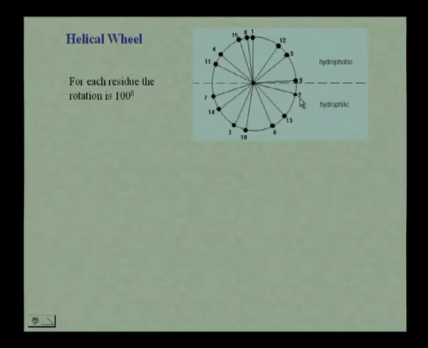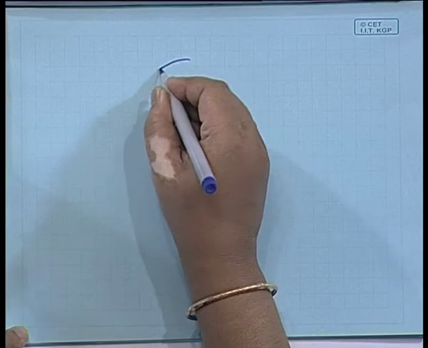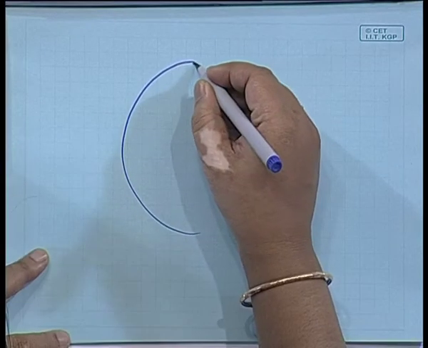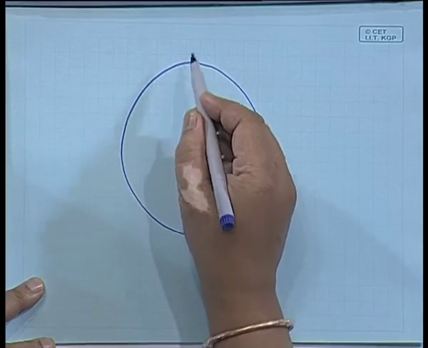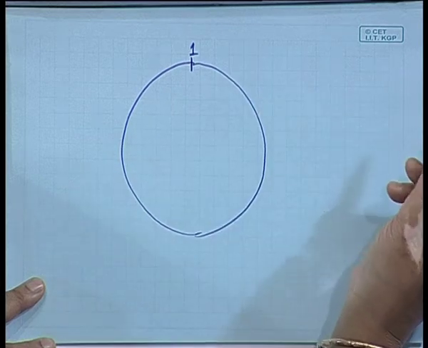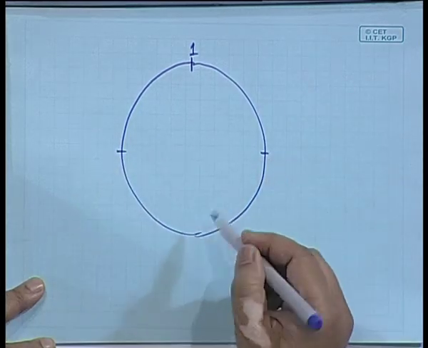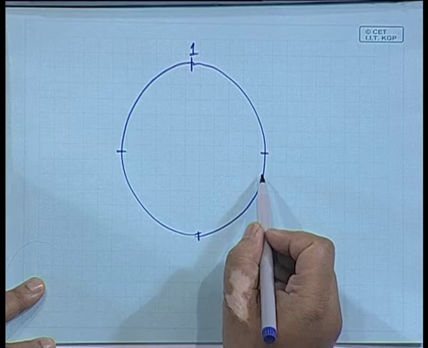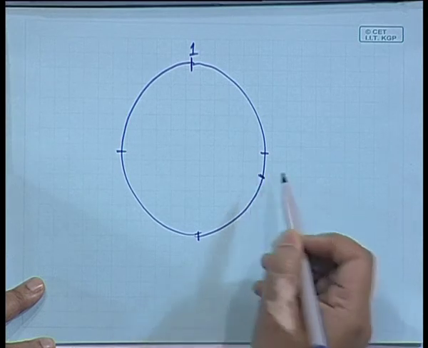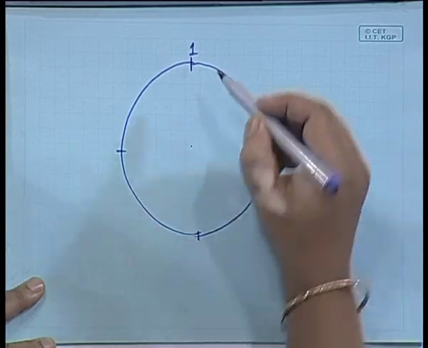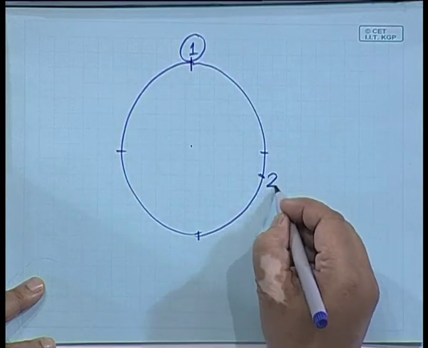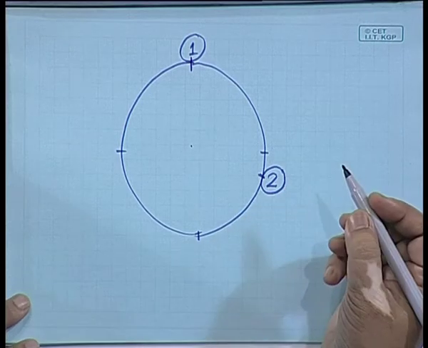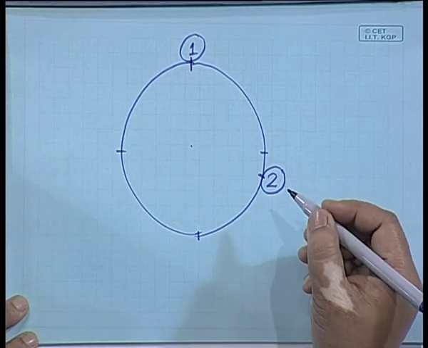Okay. So, let me just draw it out for you here. If I want to construct my helical wheel, what am I going to have? I am going to have residue 1 here. You know just more or less where you have your 90 degree. So, 100 degrees is going to be somewhere here. We have the center. So, residue number 1 is here, residue number 2 is here. Where is residue number 3 going to be?